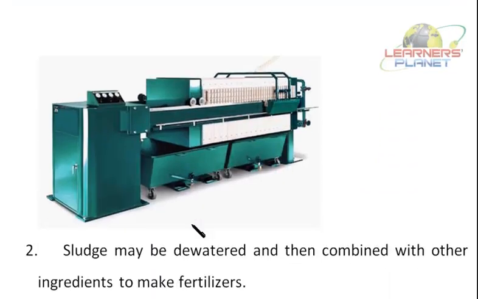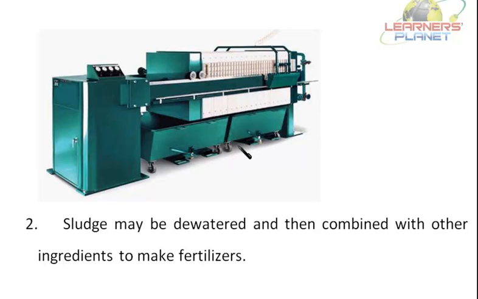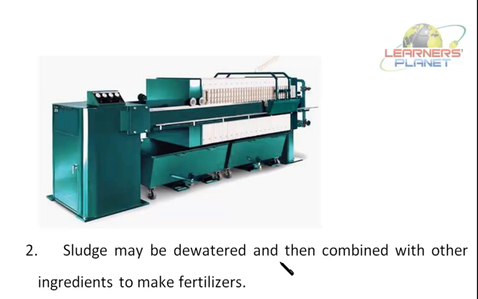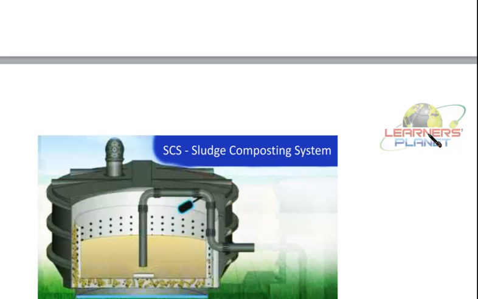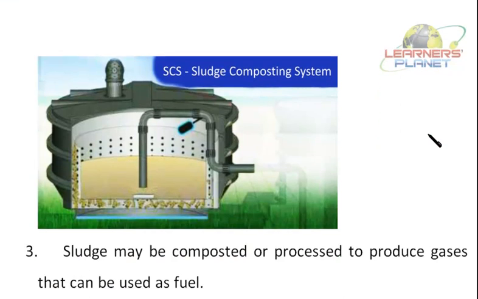dewatering is done through such equipment where sludge may be dewatered and then combined with other ingredients to make fertilizers. So this is a dewatering equipment. After that comes the third process, which is the sludge composting system, right?